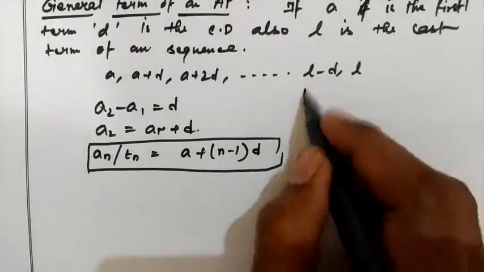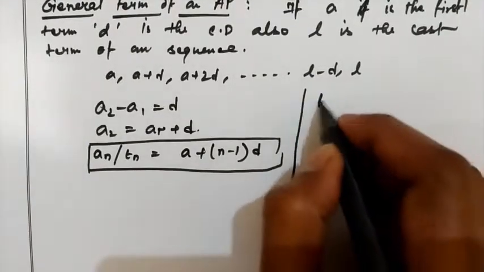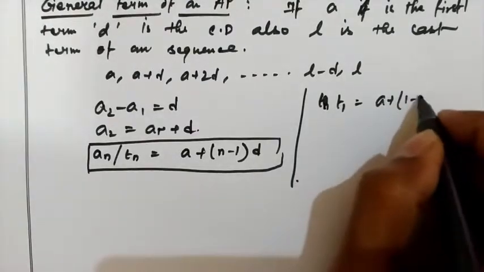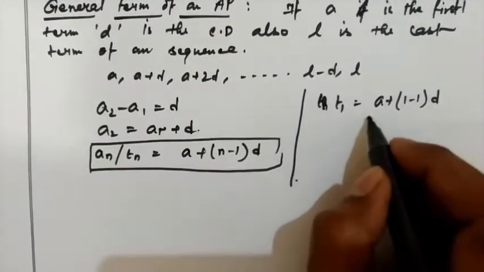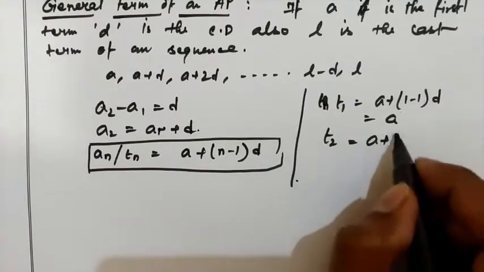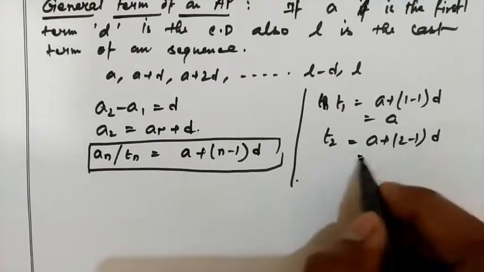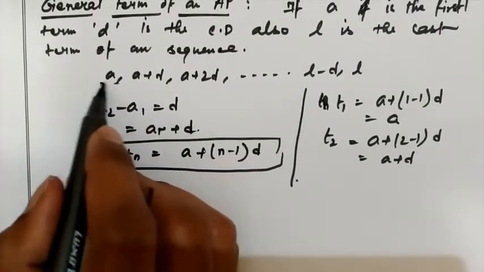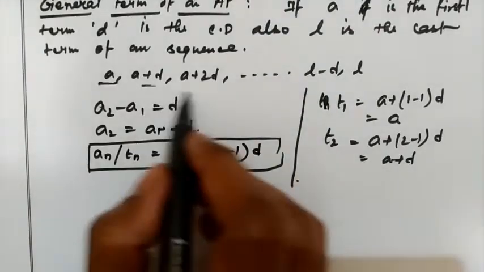This can be written in this way also, like T1 equals A plus 1 minus 1 D, that is A. T2 equals A plus 2 minus 1 D, that is A plus D. So we are getting the same A plus D for T2.